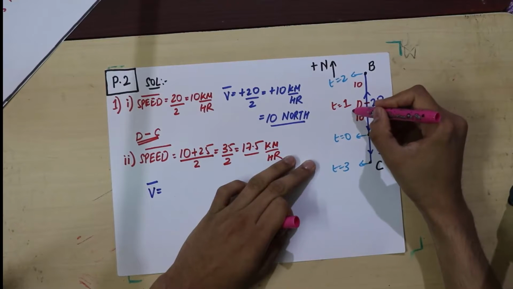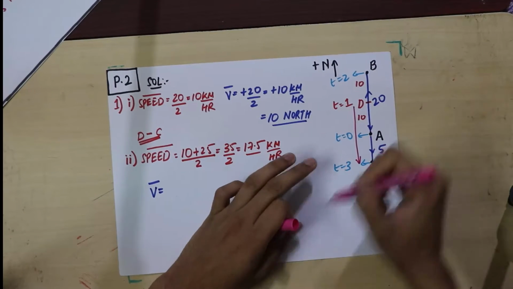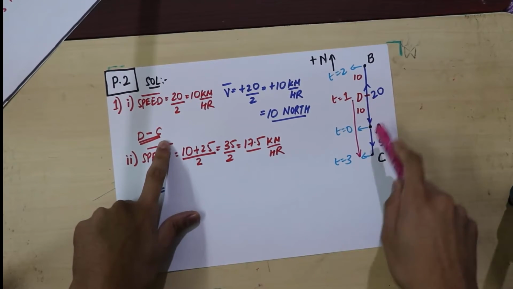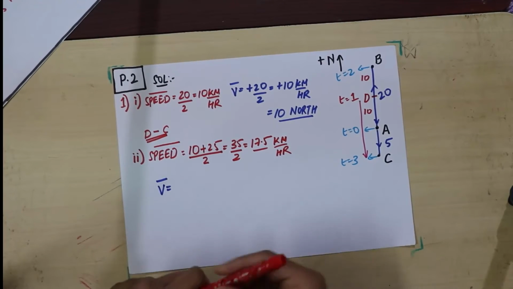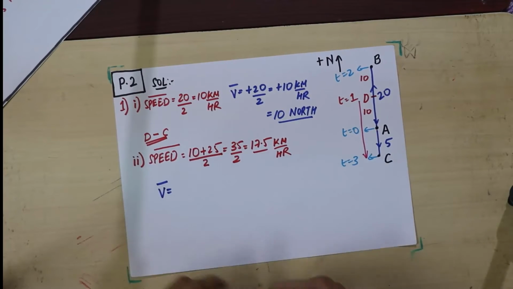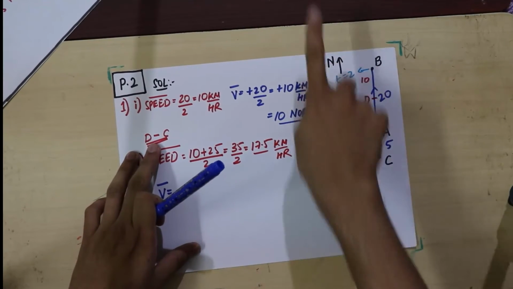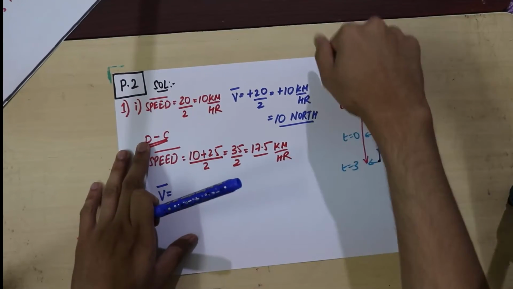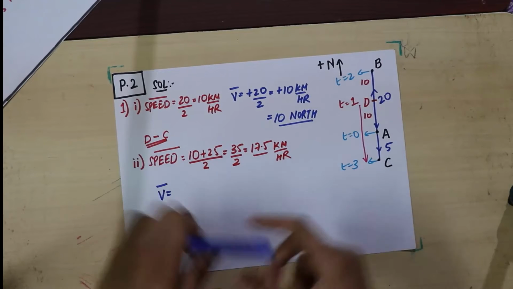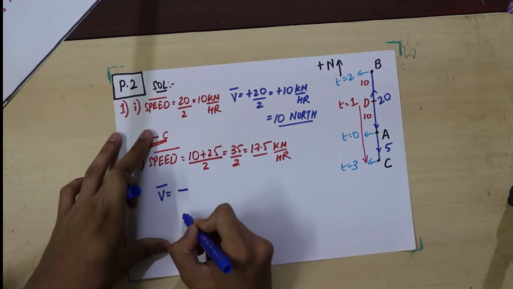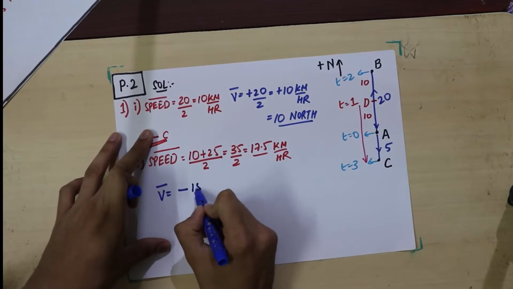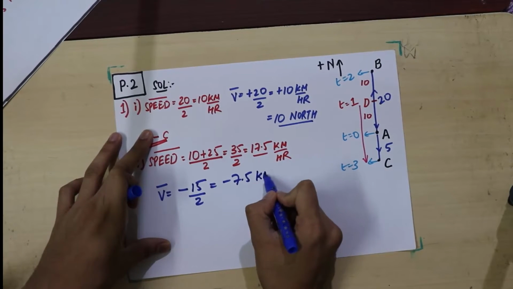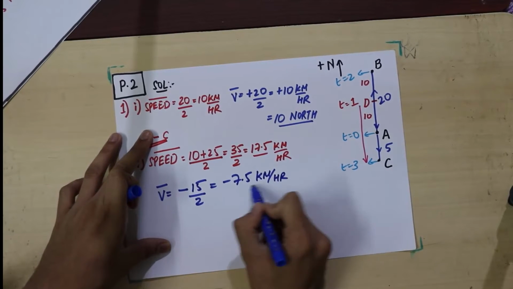The displacement is from D to C. That's 10 plus 5, that's 15. But that's minus 15. That's important because this is positive X or positive direction. His change in position is downwards. So that's minus 15. Divided by 2, that's minus 7.5 kilometers per hour.